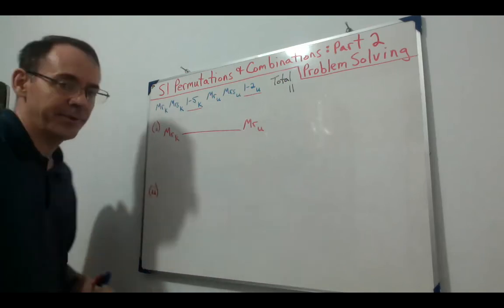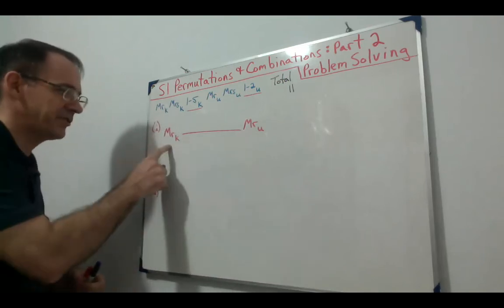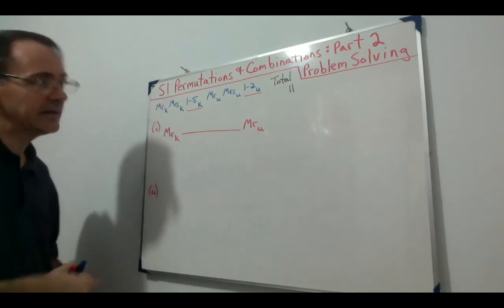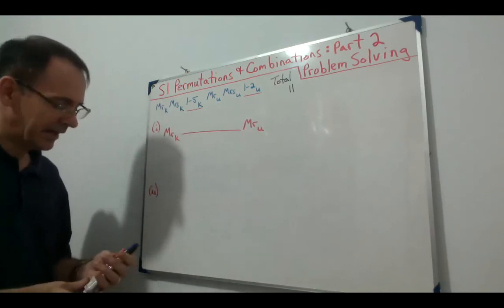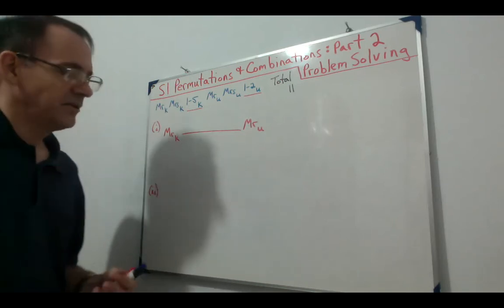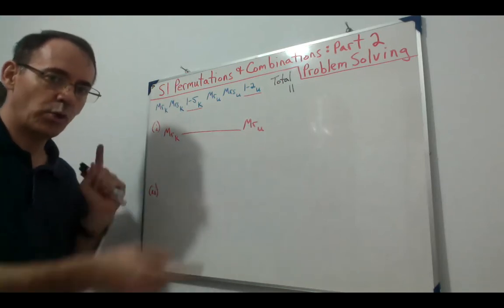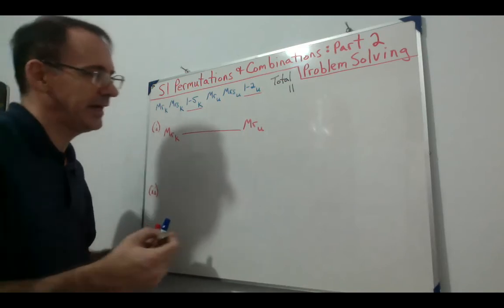Then we have a restriction. As they line up, the restriction is that Mr. Keen has to be at one end and Mr. Uzuma has to be at the other end. Now, they don't tell you which end they have to be at.